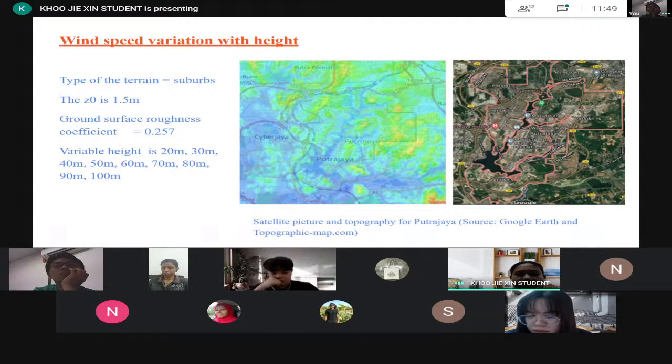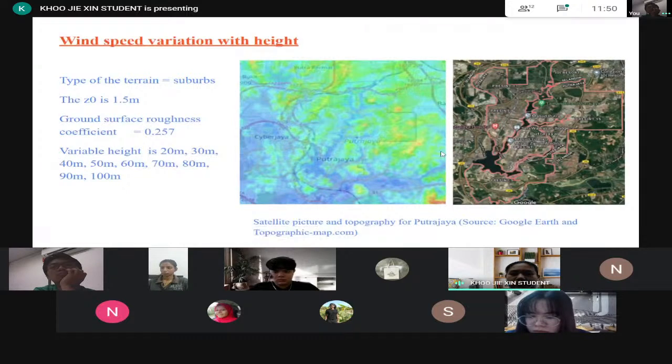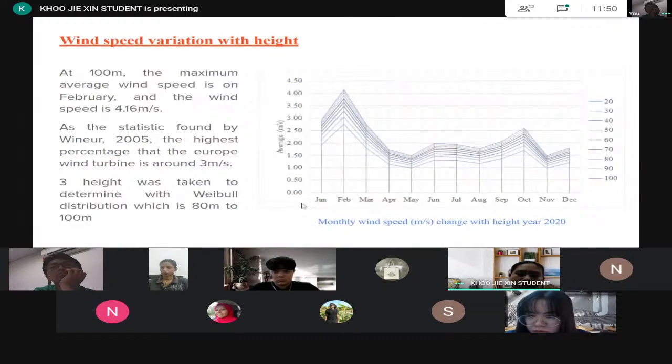The ground surface roughness coefficient is affected by the terrain of Putrajaya, which is suburban. So over here we get the surface roughness coefficient as 0.257.